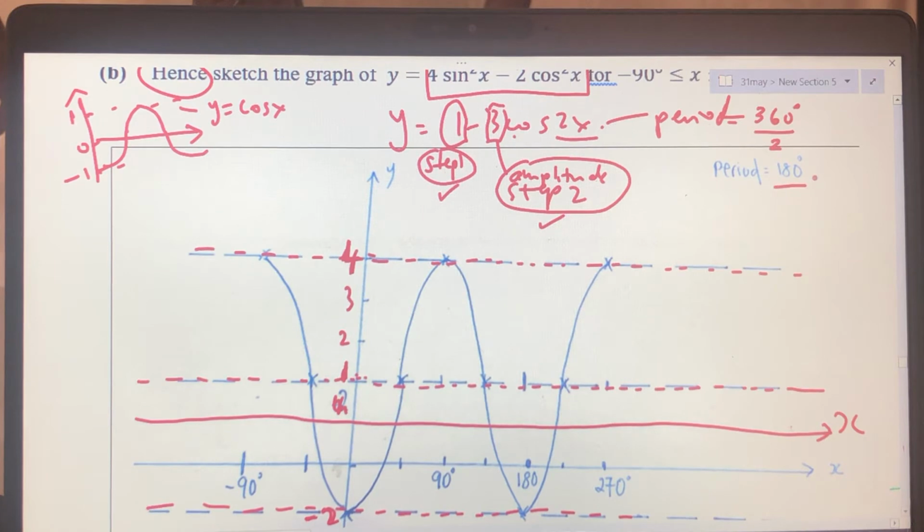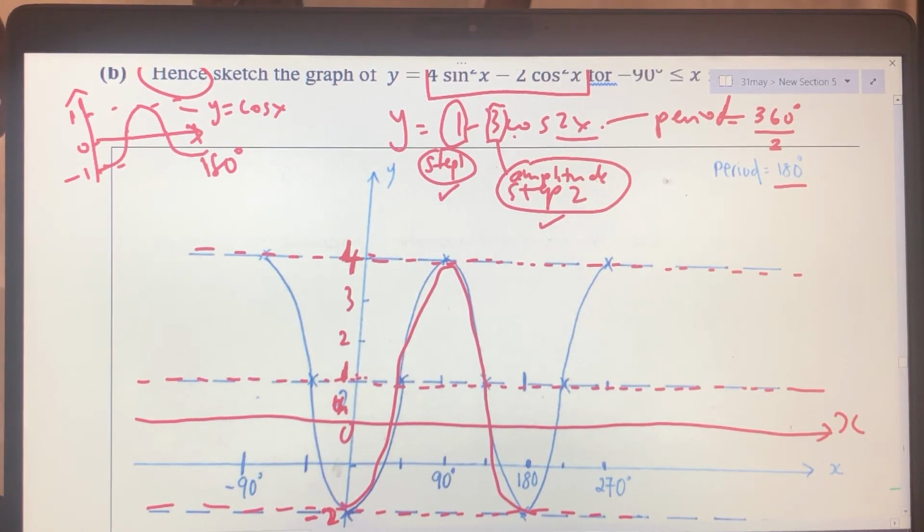So the period is 180. That means one full cycle is 180 degrees. That's why you see later the answer 0, 90, 180. This is one full cycle.